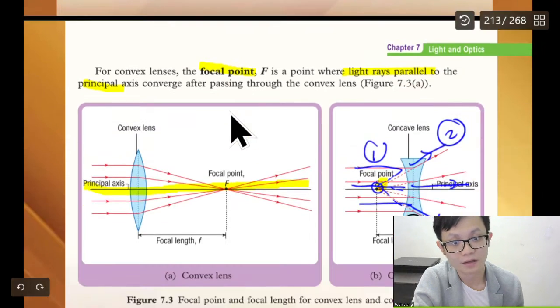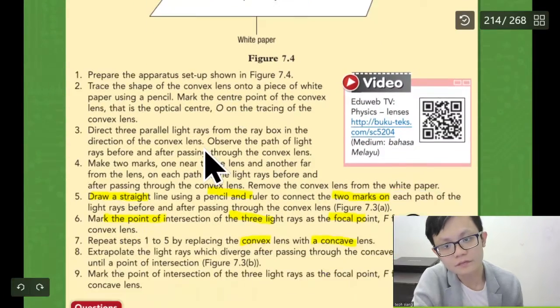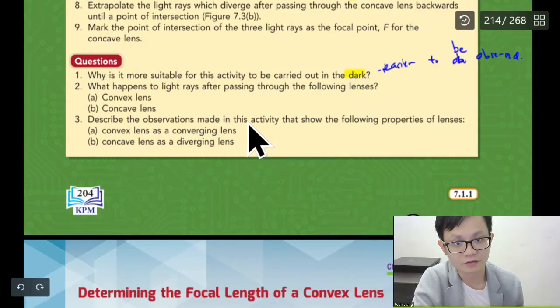Okay, so you can say like that. And describe the observation in this activity that shows the following property of the lens: convex lens as a converging lens and concave lens as a diverging lens.